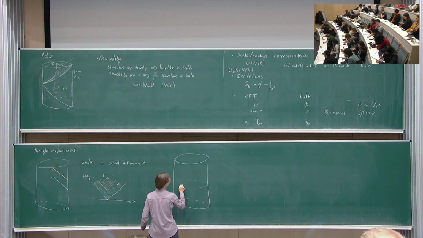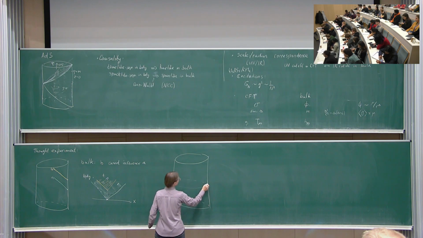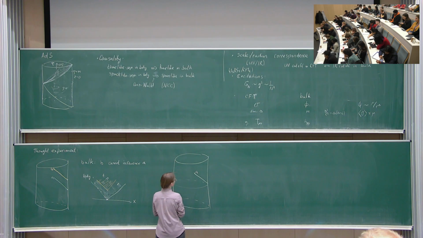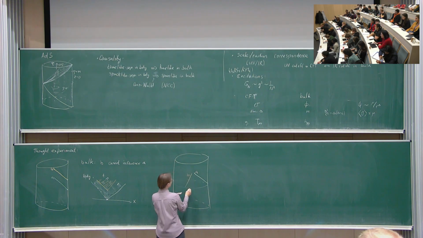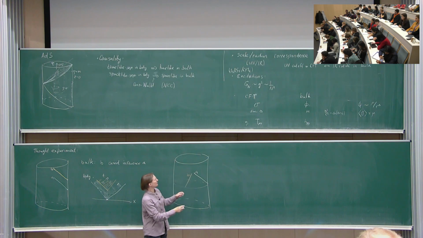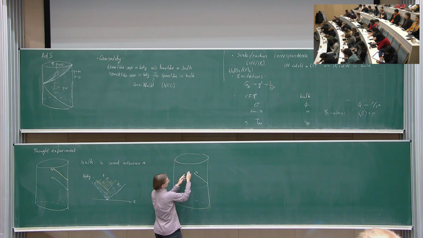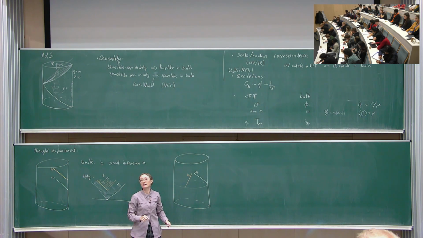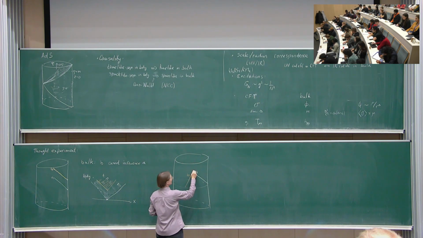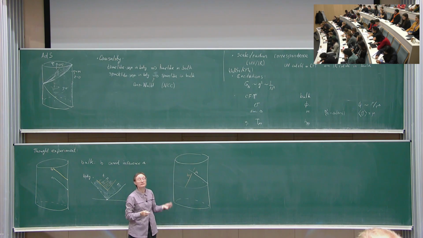Let's say this was still my particle A, and particle B you throw in from some other point. They're roughly speaking going in, but they don't have to be aimed precisely radially in, so they can easily miss each other. And in the bulk, they don't need to particularly interact.